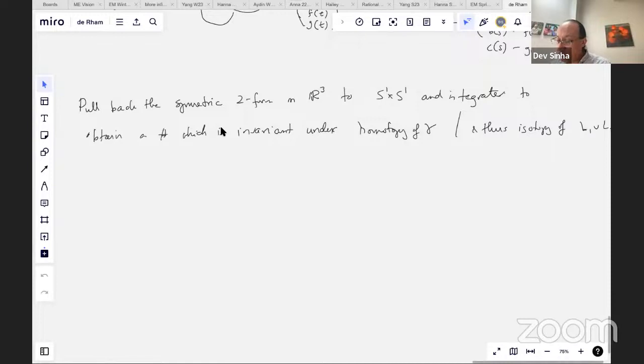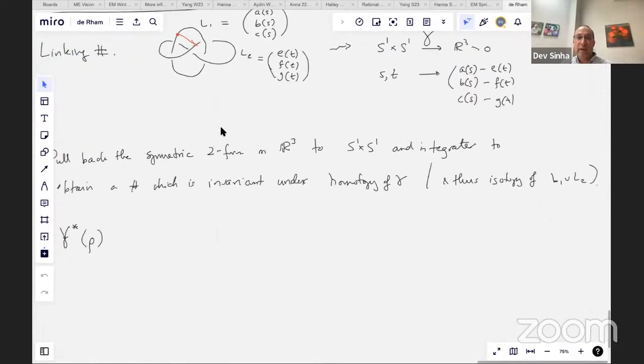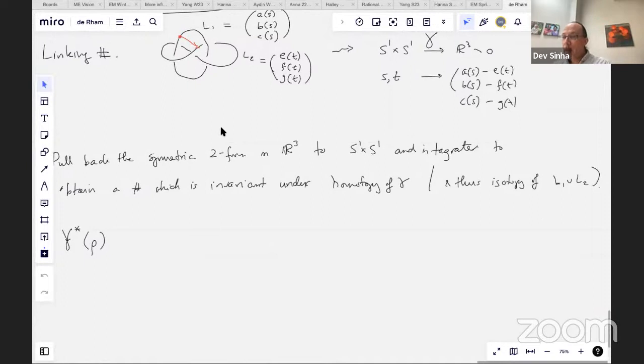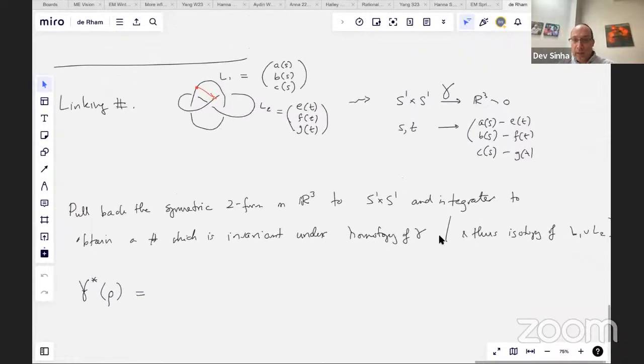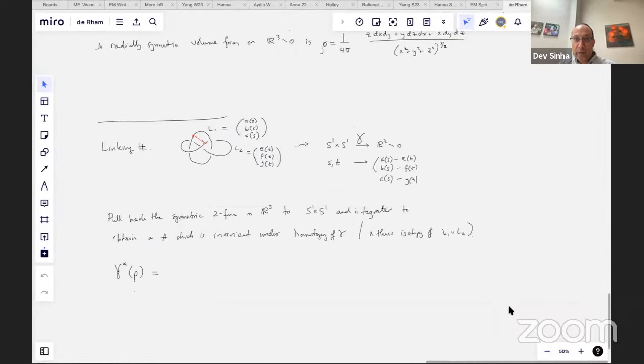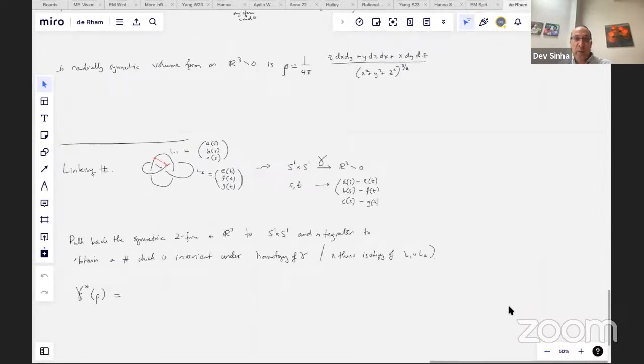Once again, in our language, the pullback is going to be this gamma that we've defined, and I'm pulling back rho. I'm going to get a few different terms, but the z dx dy, let me make this maybe even smaller because we've got the formula for the form up there. My z, for this difference, is just going to be c minus g.